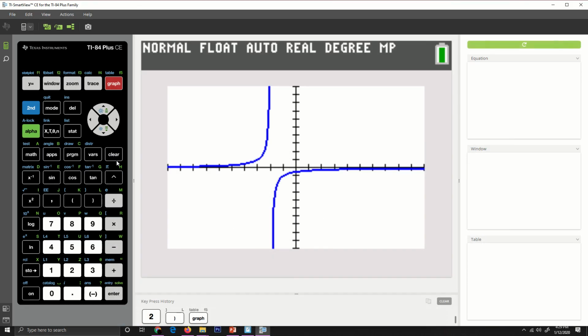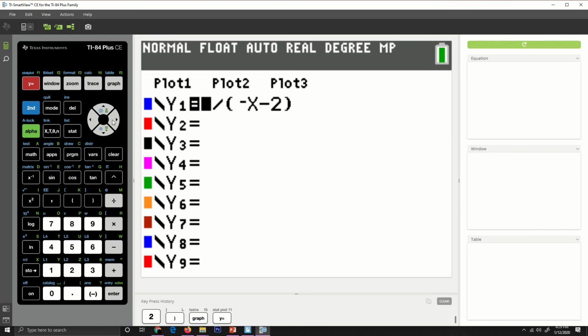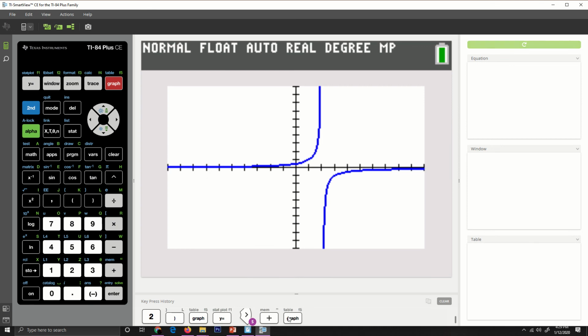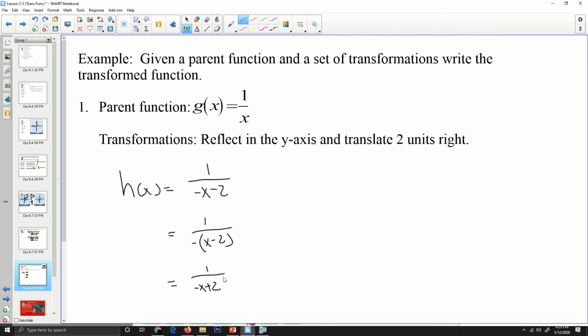So if I go back to here and I hit my y equals and I change this to a plus here like that, now I get that shift 2 units to the left. All right, there. And so my final function, and this one was wrong, and I apologize for that, but this is the correct answer.